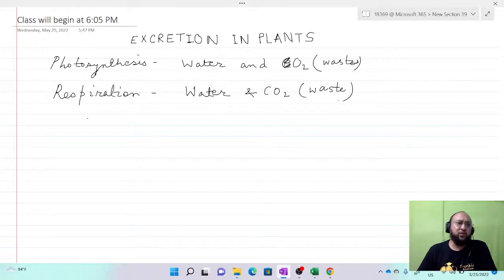Cellular respiration, photosynthesis, and other metabolic processes produce a lot of different waste, and even nitrogenous compounds produced in protein metabolism are also found in the plant body.